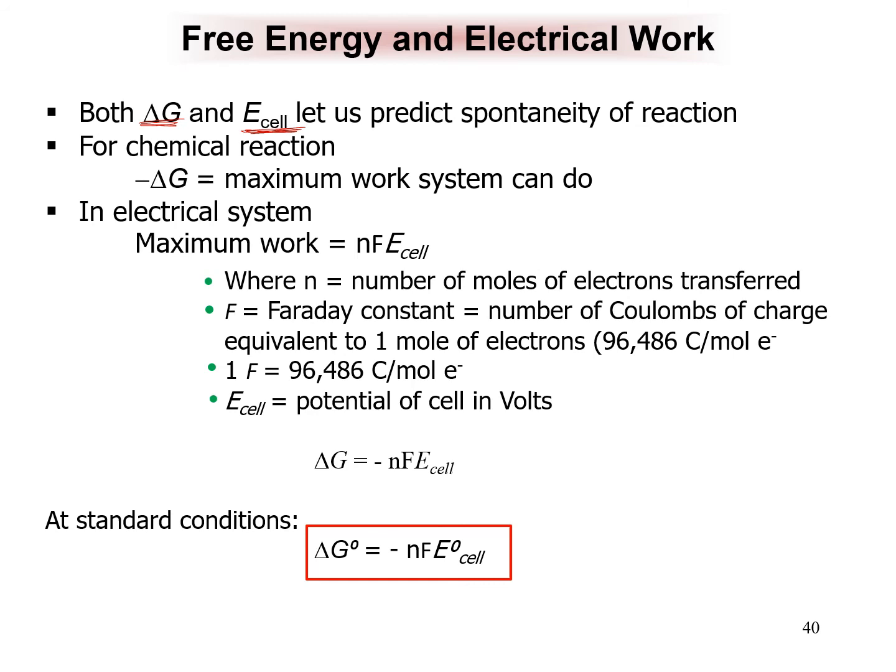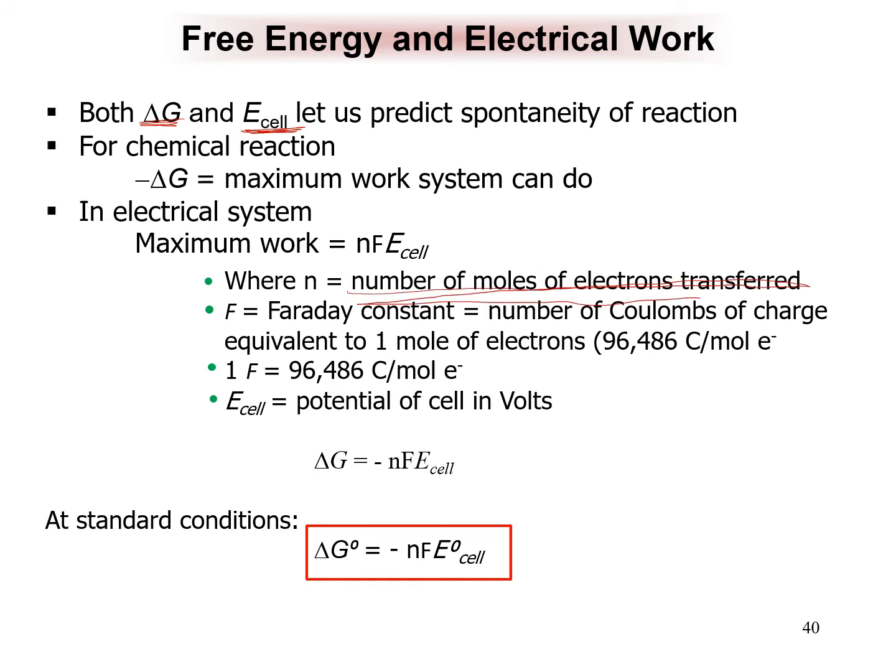Okay. So at standard condition, how are these two related to each other? Delta G naught is equal to negative nF E naught of the cell. G naught is the standard condition free energy. E naught is the electrical potential difference for the cell at standard conditions. What is n? n is the number of moles of electrons that are transferred.